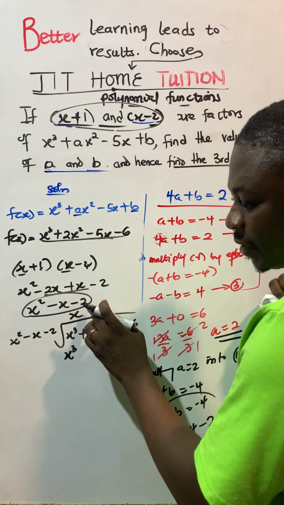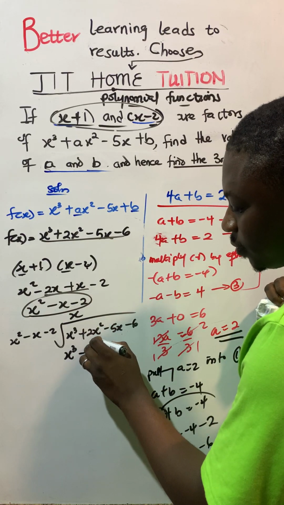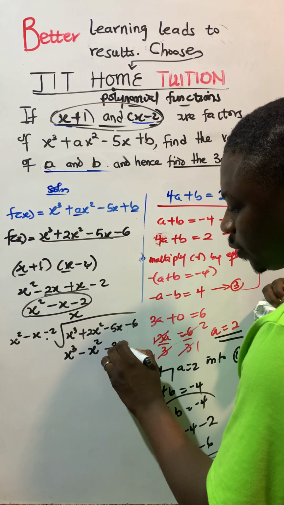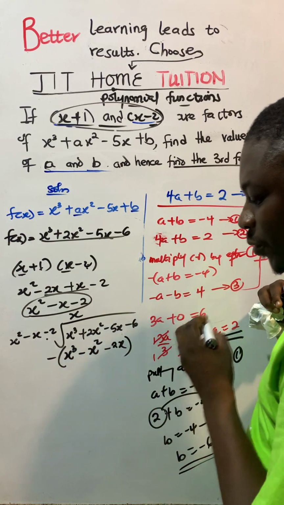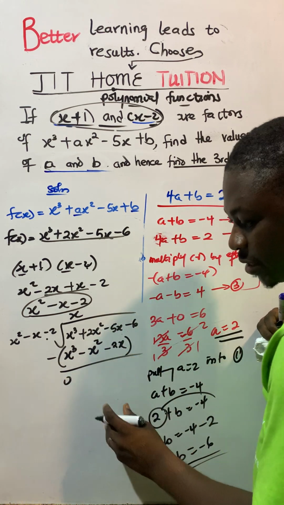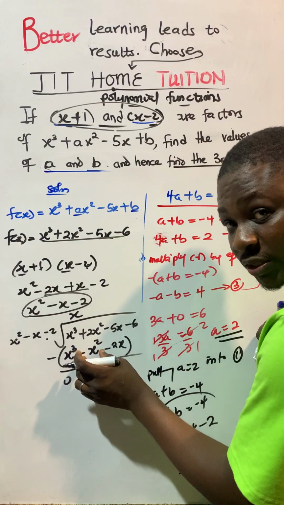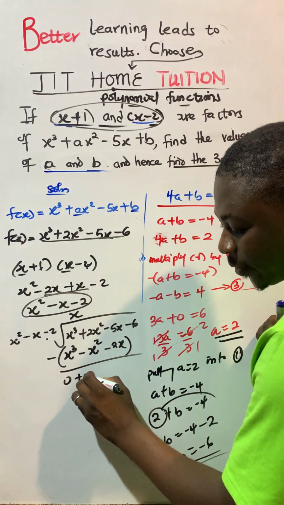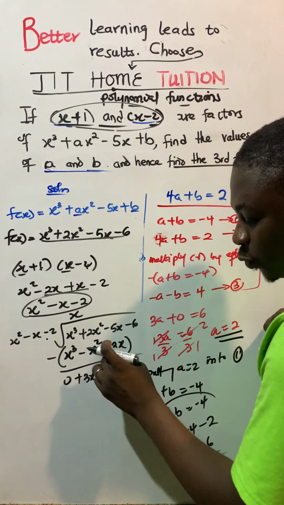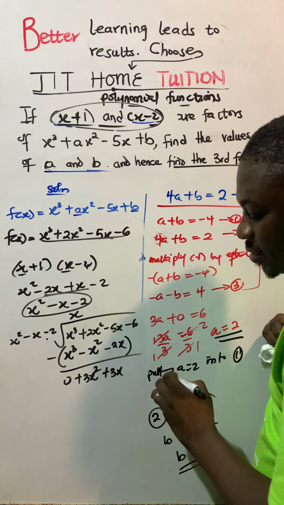The same x will multiply this, giving you negative x squared. Then this x multiplying this gives you negative 2x. So what you're going to do is subtract. This will become negative, added to this, and you have 0. Sorry, negative is positive, plus this, so you have 3x squared. Then the negative also affects this one, so you have positive plus this, and that will give you 3x.